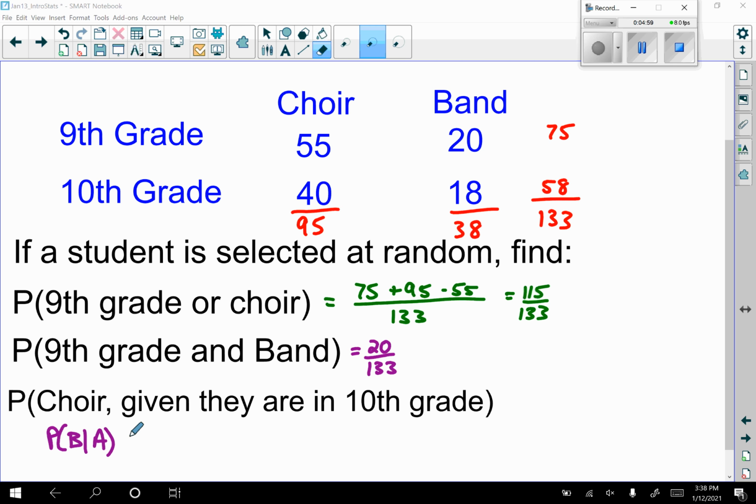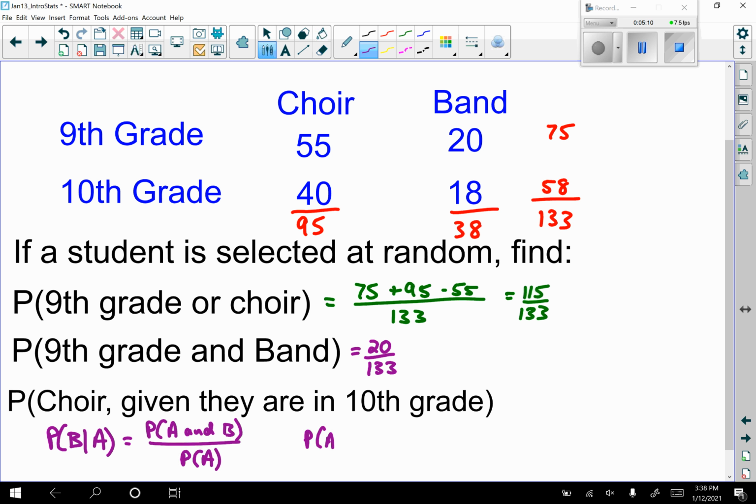Or if you follow the formula for conditional probability, that's the probability of A and B divided by the probability of A. Well, the probability of A and B is the probability of 10th grade and choir. So if we go to 10th grade and choir, that's 40 out of 133. And the probability of A is just the probability that they're in the 10th grade, so that's 58 out of 133.